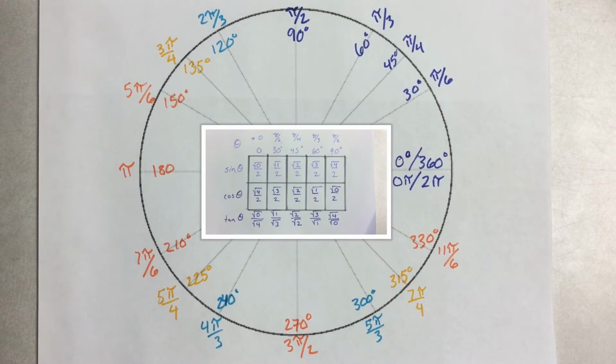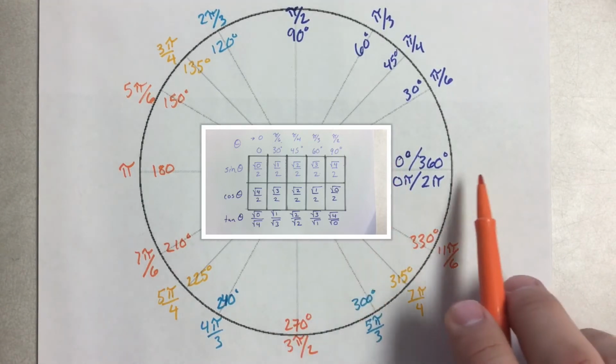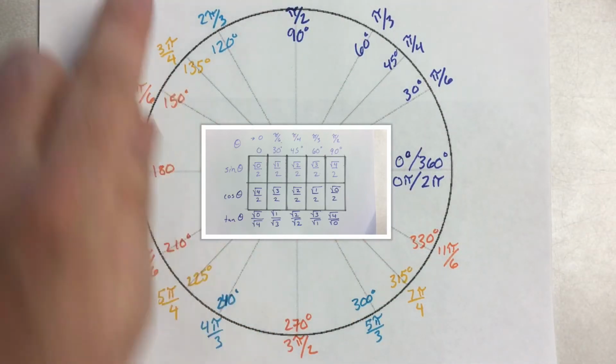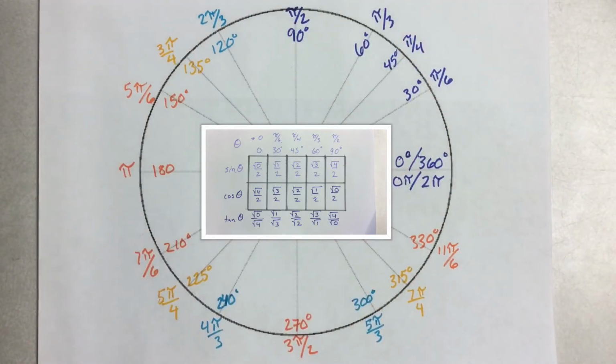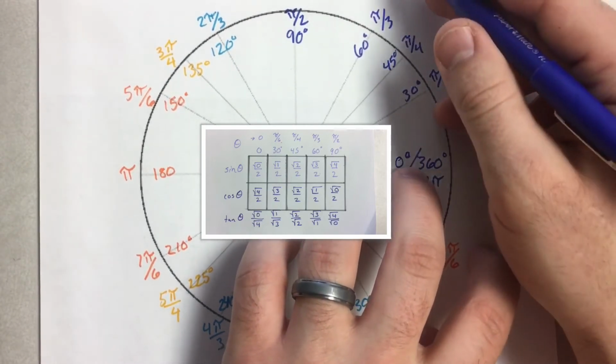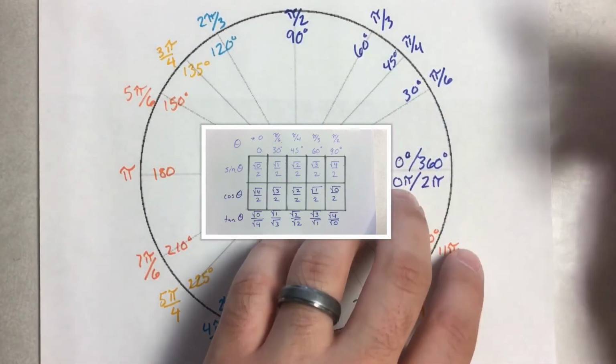So the sine and cosine of all of this, let's start with the 0 to 90, 180, 270, okay? So using our table, as we see, we know here that cosine is x, sine is y.